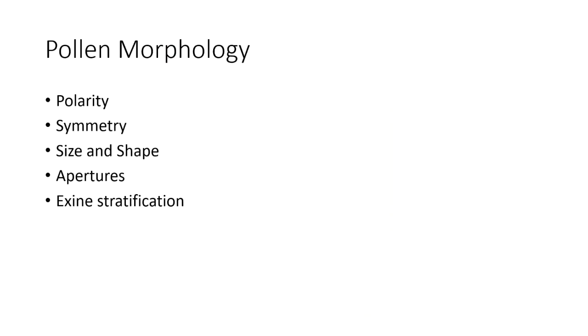So now we have considered the first three aspects of pollen morphology: polarity, symmetry, size and shape. Next is apertures. Now this is very important. Now what are apertures?